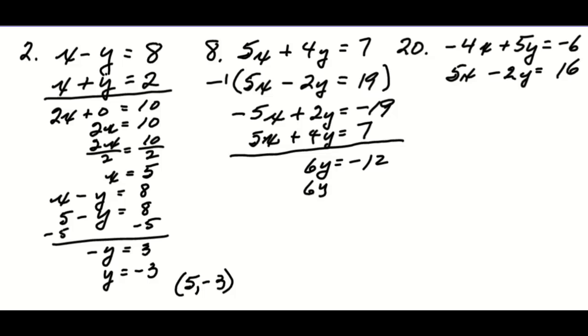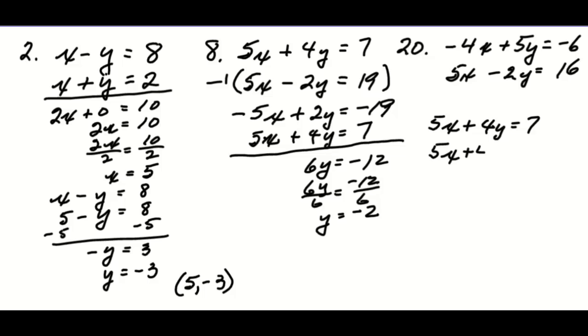Dividing 6y by 6 and negative 12 by 6, I'll get y equals negative 2. Now, going back to either formula, I kind of prefer the one at the top, 5x plus 4y equals 7. So I have 5x plus 4 times negative 2 equals 7.